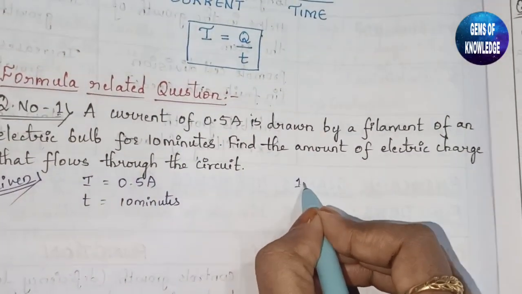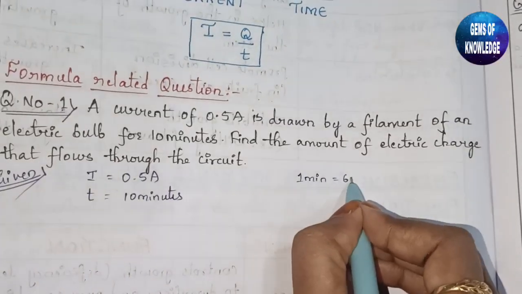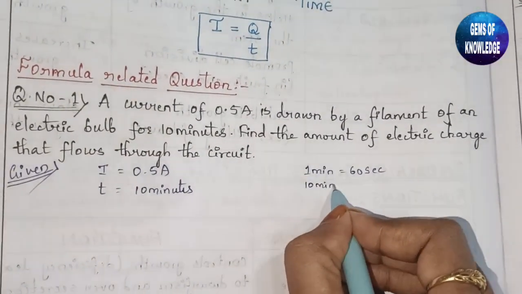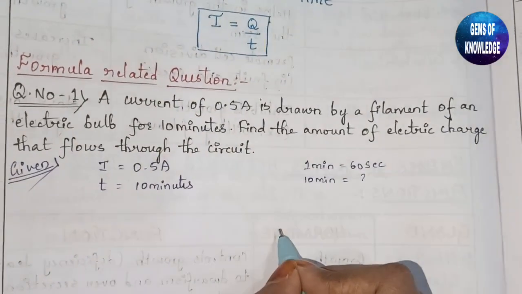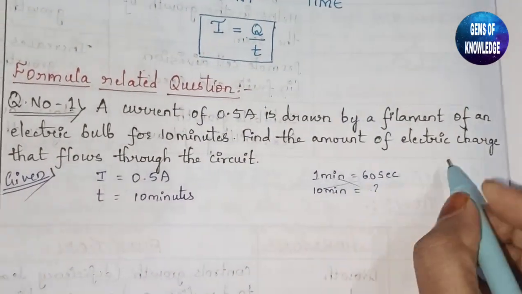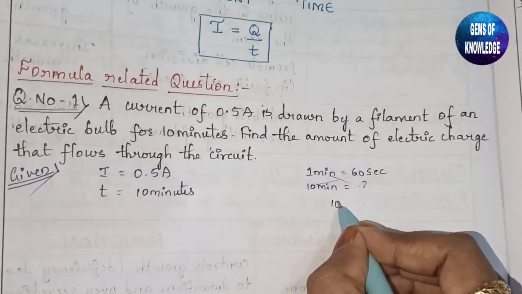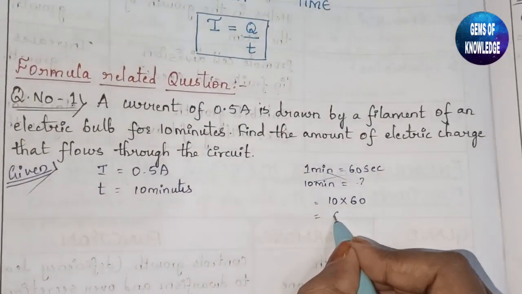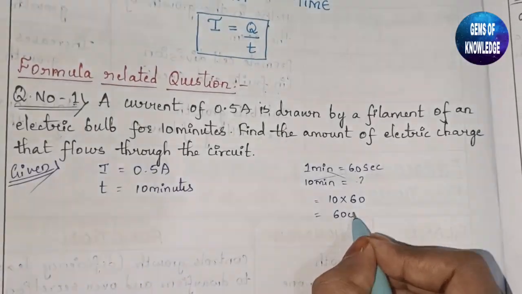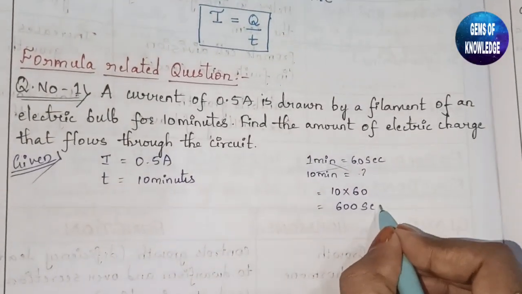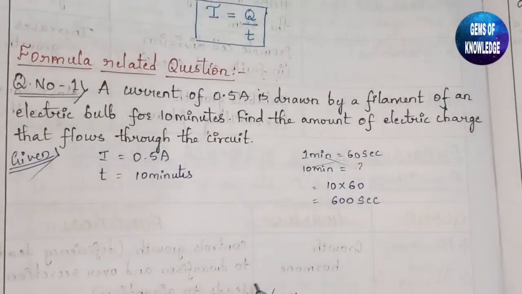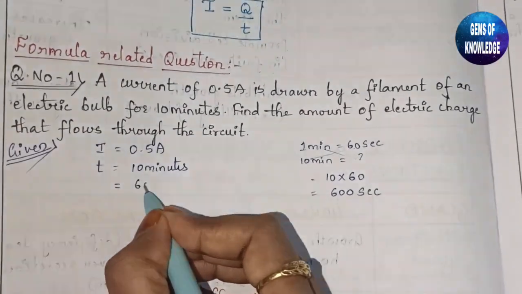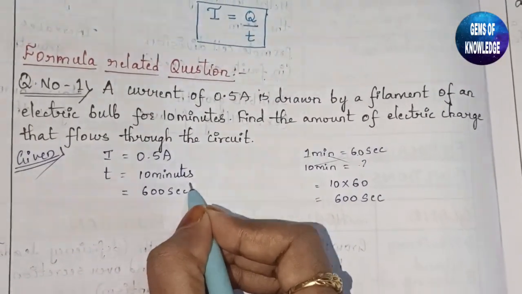We know that 1 minute is equal to 60 seconds. Similarly, 10 minutes will be equal to how much? Just cross multiply this. It will be 10 into 60. So the answer is 10 sixes are 60, and the 0 will be as it is. So this is 600 seconds.